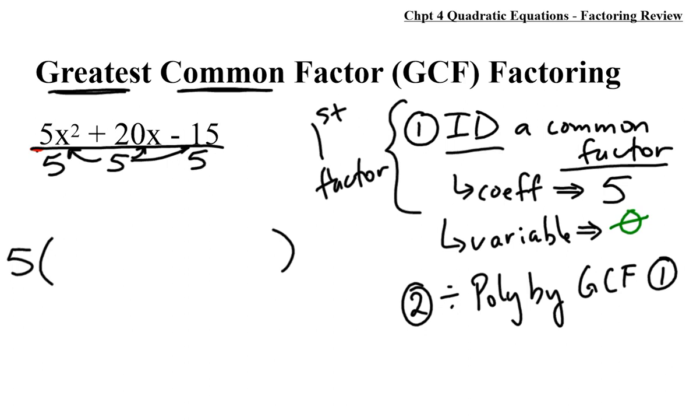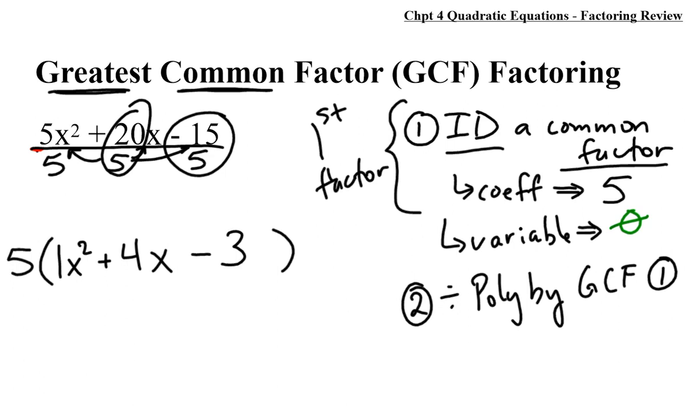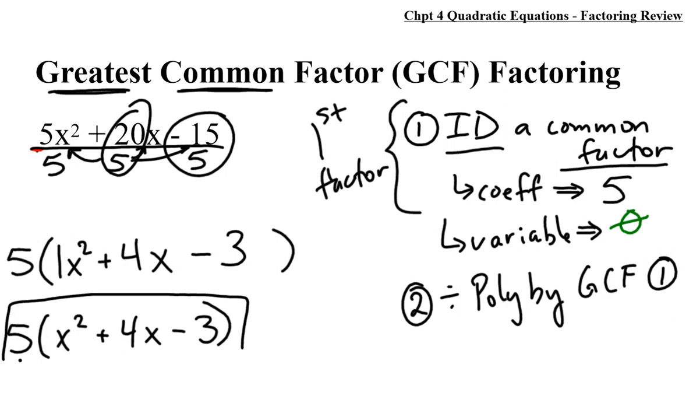So 5x squared divided by 5 leaves us with 1x squared. 20x divided by 5 leaves us with 20 divided by 5 is 4, and it's an x term. And then negative 15 divided by 5 leaves us with a negative 3. So the factored form would be 5 times x squared plus 4x minus 3. There's your factored form using GCF factoring in this case.